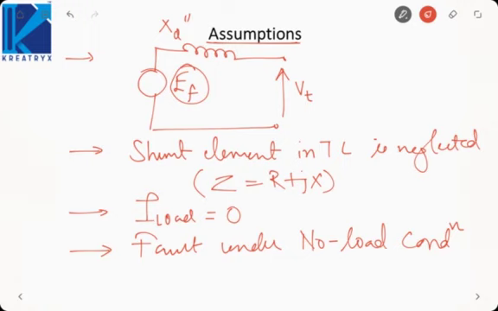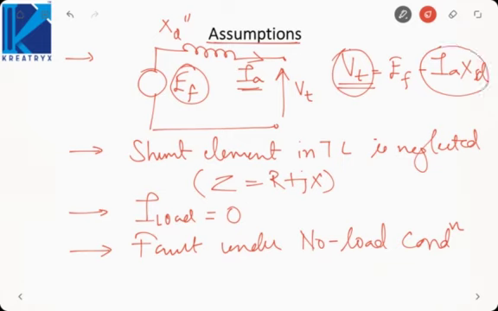Why? Suppose if Ia current is flowing in the power system, then Vt will be Ef minus Ia Xs, or Xt. That means Vt will be low. But if we want to analyze the worst case scenario when the fault current is maximum, for that Vt should be maximum. For that, this negative term should be 0.